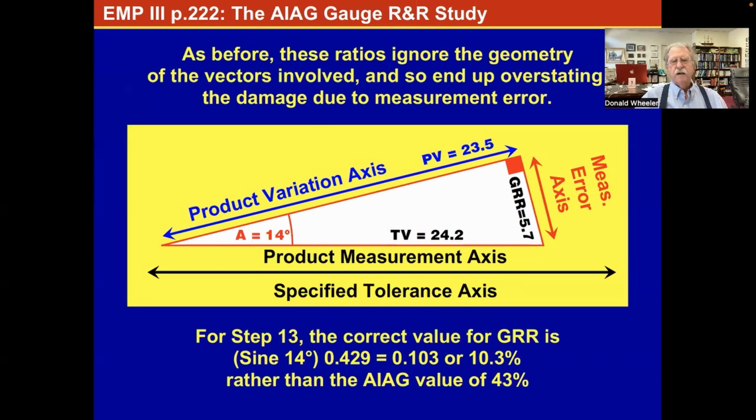And it is the product measurements that have to be compared with a specified tolerance. So for step 13, for example, the correct value for the combined R&R is sine of angle 14 times 0.429, or 10%, rather than the AIAG value of 43%. For step 11, the correct value is 4% rather than the 28% found.